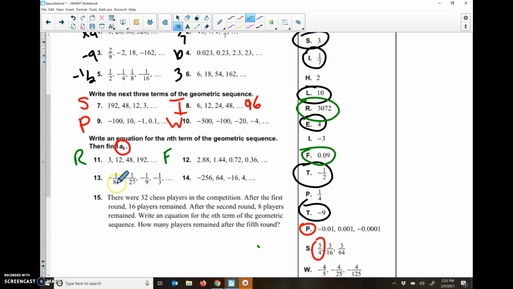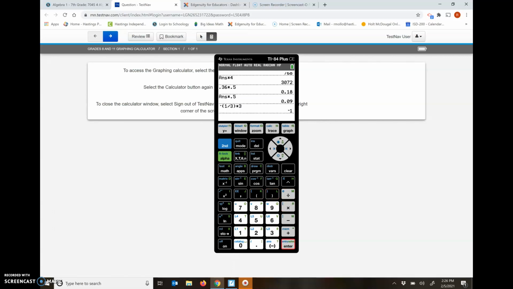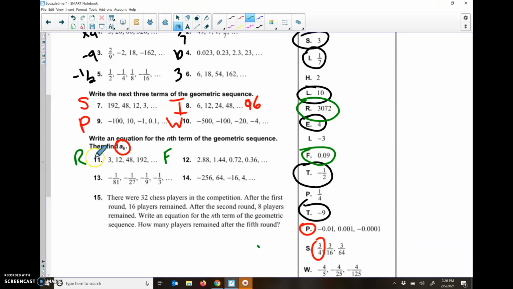So -1/81, -1/27, -1/9, -1/3. So it looks like we are multiplying by 3. So I have -1/3 times 3, which is -1. So that's the 5th term. And then times 3 again should give us a -3. So letter I there with the -3.